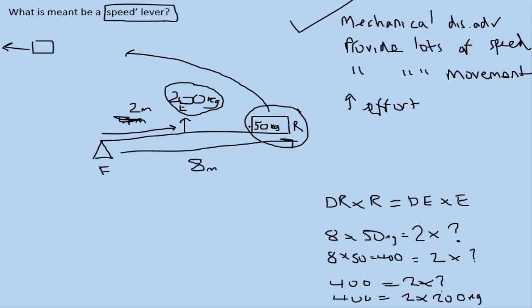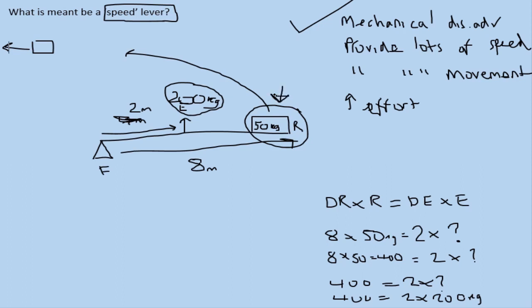So if you can see, like we did in the last video, we doubled the distance and we halved the amount of effort to put in, whereas in this case we've reduced the distance by a quarter, in fact by 3/4, and we've actually times it by 4. Essentially we're having to use 4 times more energy or effort than is the resistance or the weight.